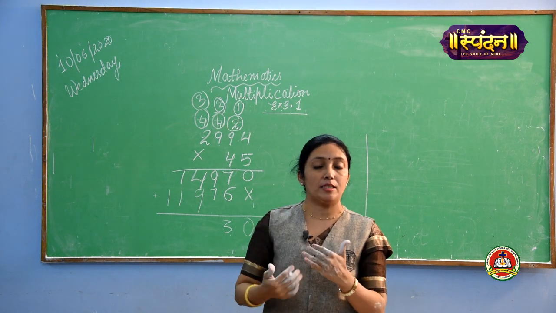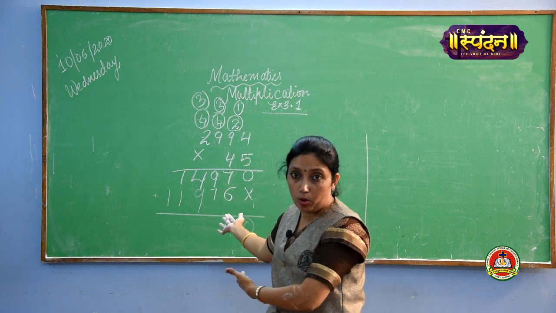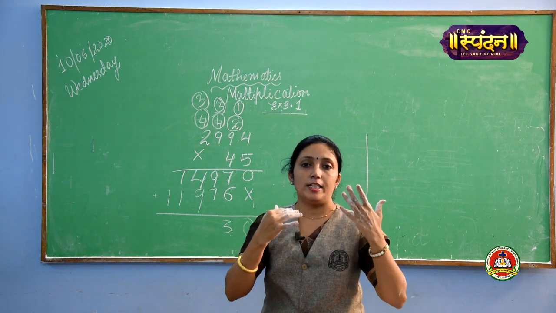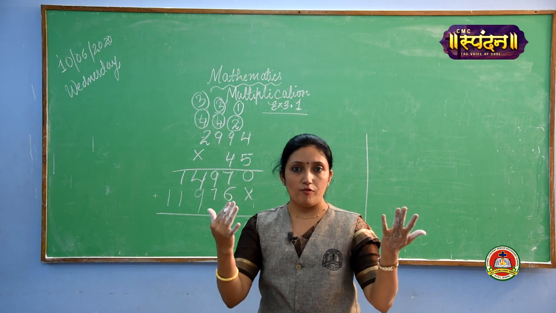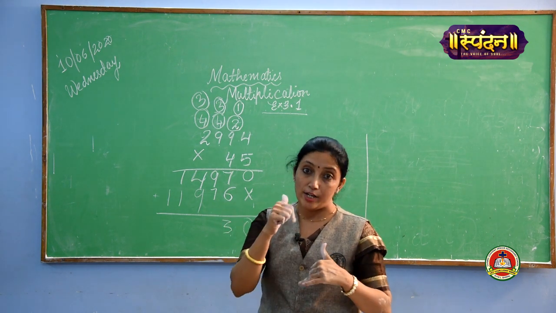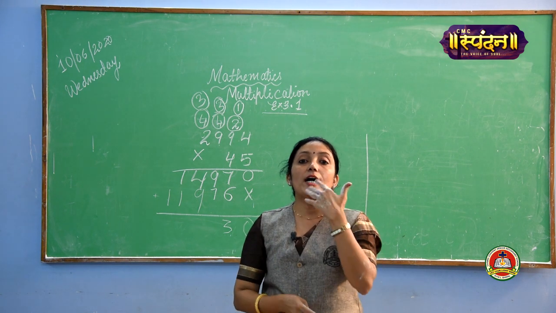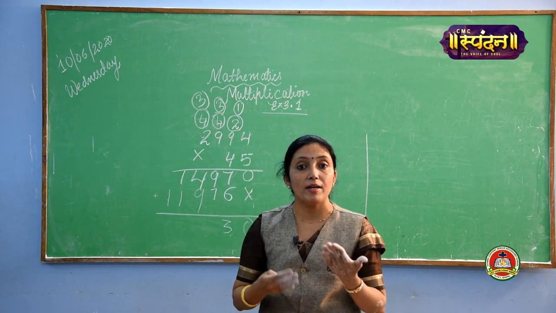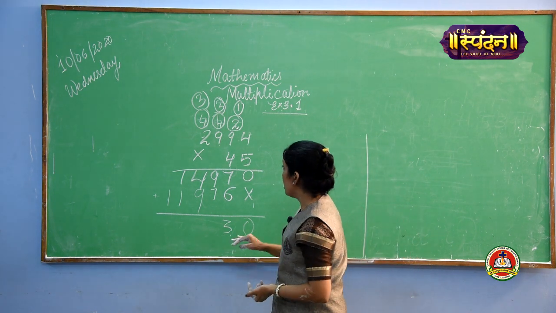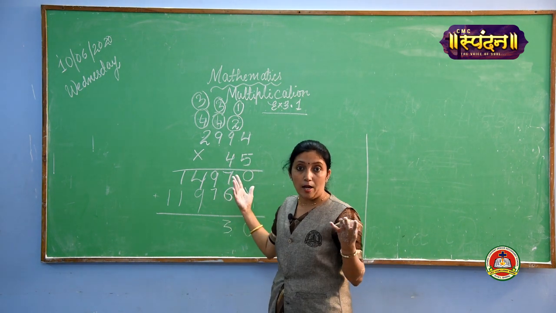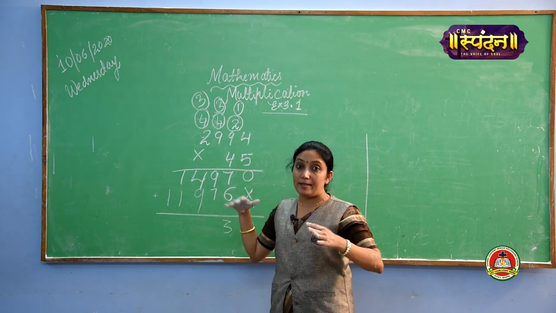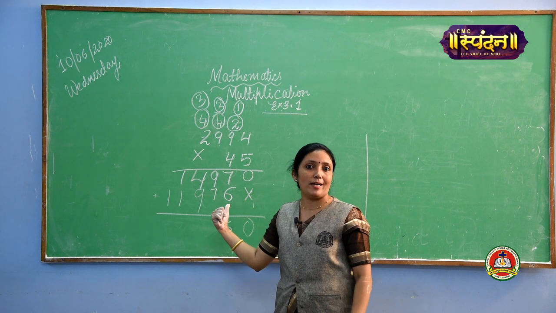Sometimes I may also do wrong, because when we are moving on with numbers, there are chances of error. So you should be very confident: once I have done it, I should check it a second time, I should check it a third time, whether my answer is correct or not. This is very, very important. I will also be checking, maybe I am also wrong. I will not just leave the answer that I am explaining to you, but I will also check my answer.